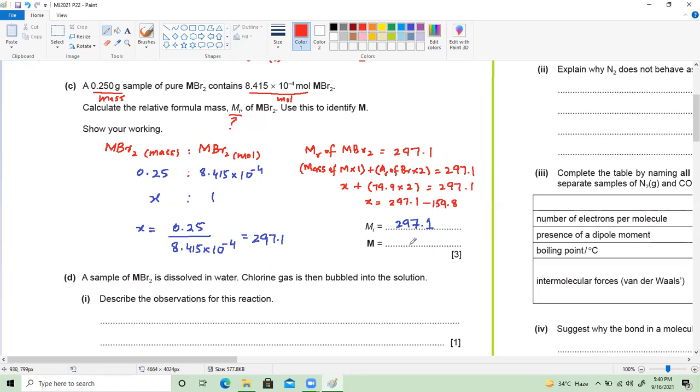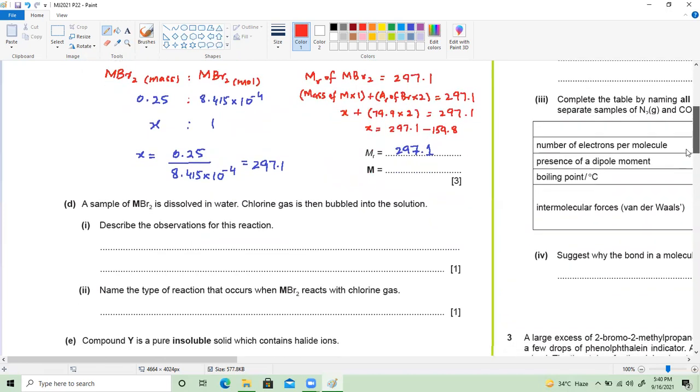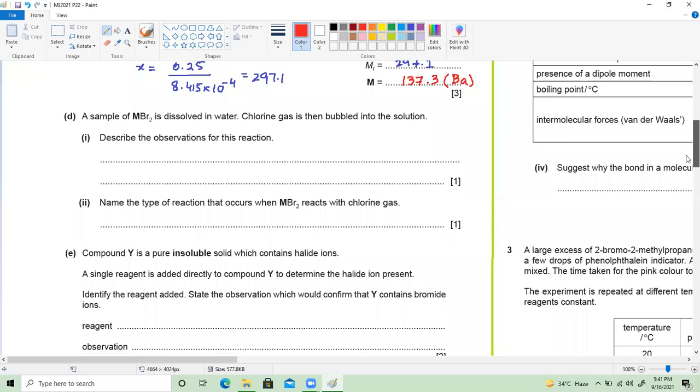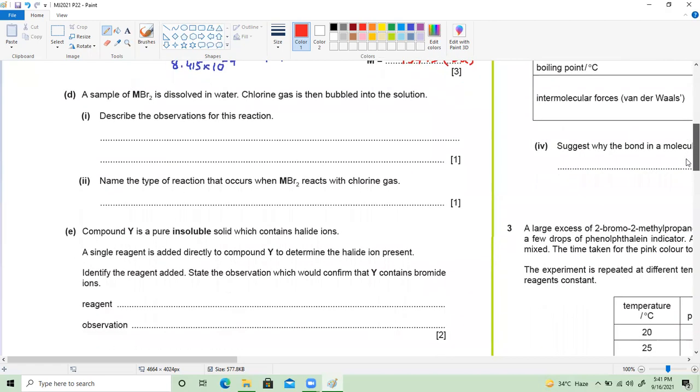Yes, so this is 297 minus 160, right? Yes, 160 or 159.8, because we use the relative atomic masses given in the periodic table you are provided with, so we have to use those. This is barium. So its mass turns out to be 137, barium. We may get 137.4 or 137.3 at this point, but we know that this metal M is actually barium. If you take a look at the periodic table, barium is the element from group 2 which has a relative atomic mass of 137.